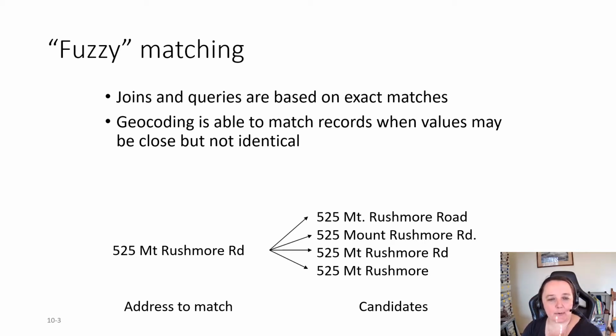For example, here we've got 525 Mount Rushmore Road, and a whole bunch of different ways that it could be written. The computer needs to approximate: this looks close enough to this address for me to match it up or not.